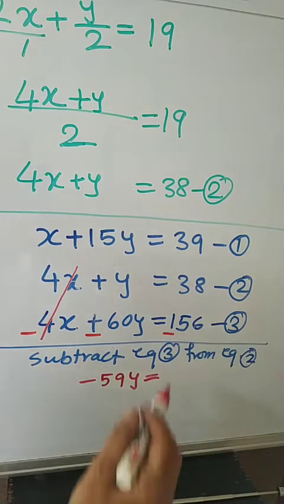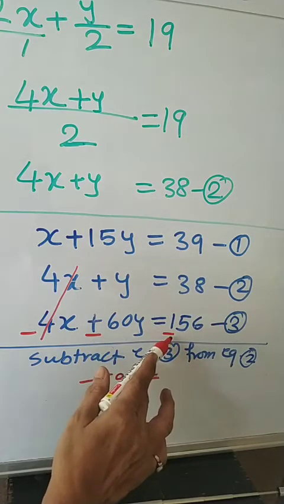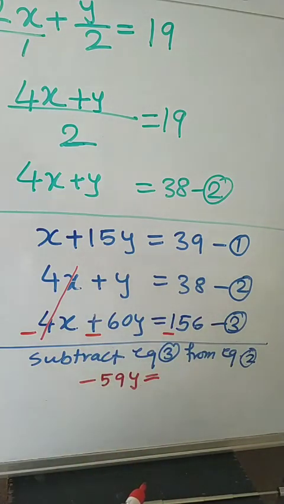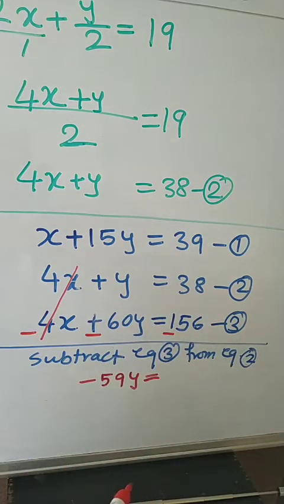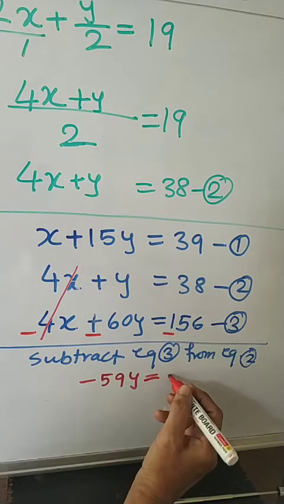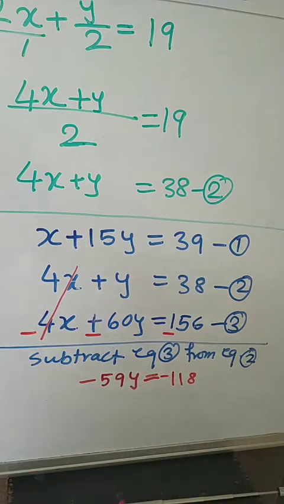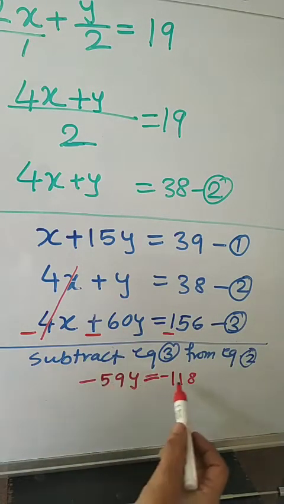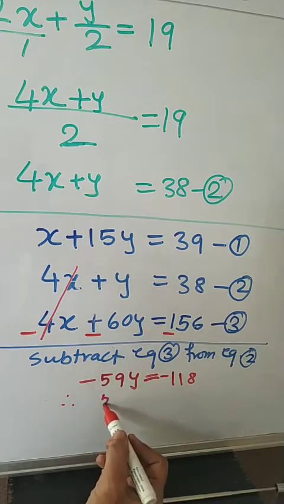Now we have to again do the same function, that is plus here and minus here. When you actually do the operation, you have to do the subtraction of 156 minus 38, and that will give you 118, but it will be minus because sign of the greater number. So both the sides there is minus sign which can be cancelled, and if we cancel, what we get?